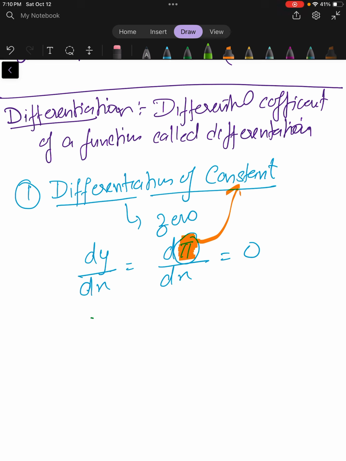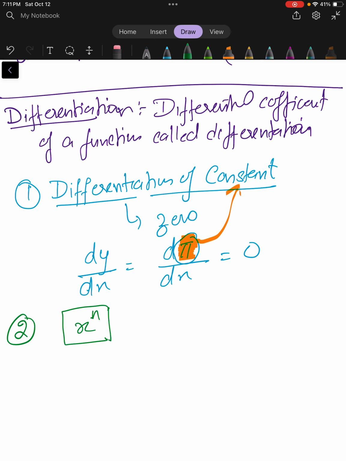Okay, so now the second point is the differentiation of x to the power n. Now I have the value x to the power n.